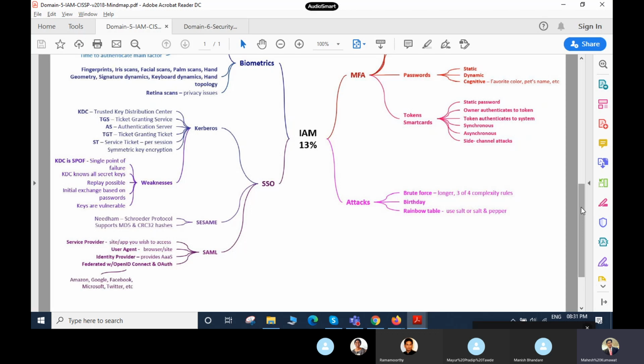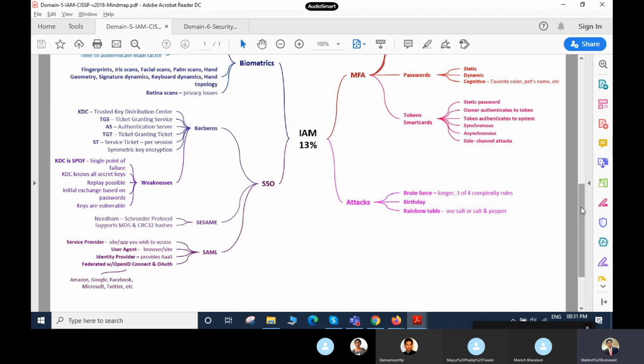So, the different service providers, sites, and applications you wish to access. Suppose I'm going to access some website, like LinkedIn or Facebook. Once it asks which ID you want to use, I just log in with my Gmail ID, Google ID as well.